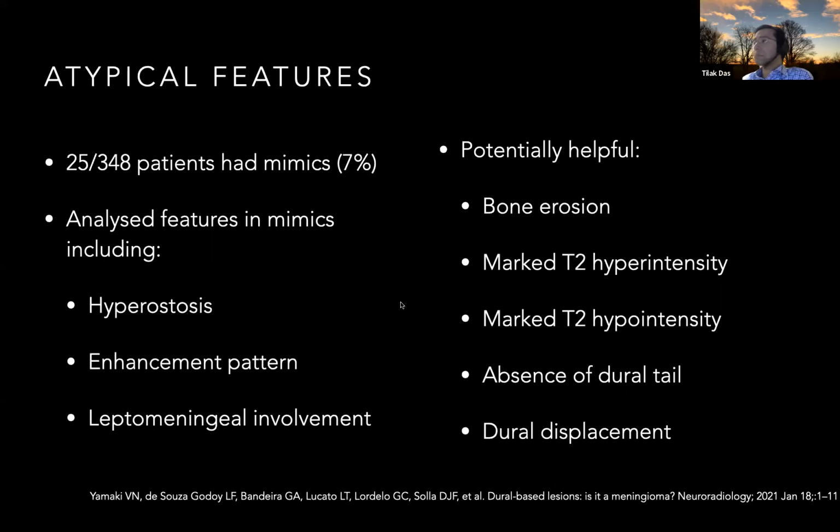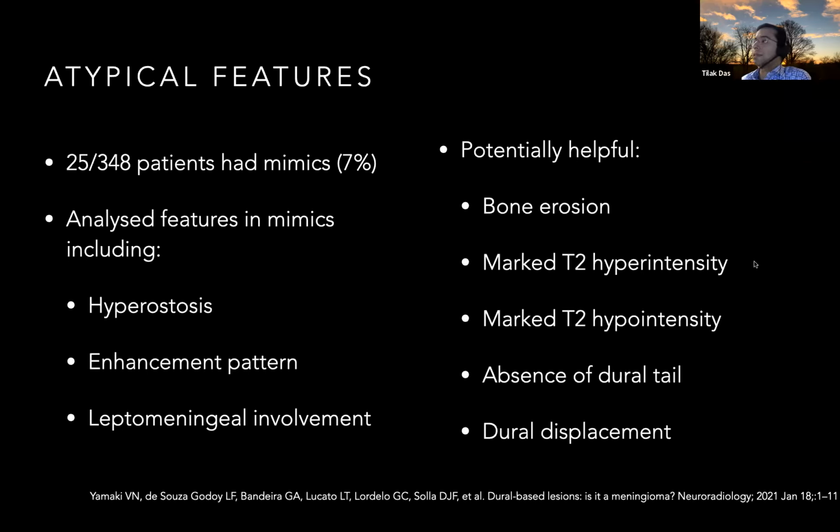And they looked at a number of features, including hyperostosis, enhancement pattern, whether there's leptomeningeal involvement. But the ones that they found may be helpful are actually bone erosion, a marked change in T2, whether it's hyper or hypo intensity, the absence of a dural tail, so is suspicious, and dural displacement.